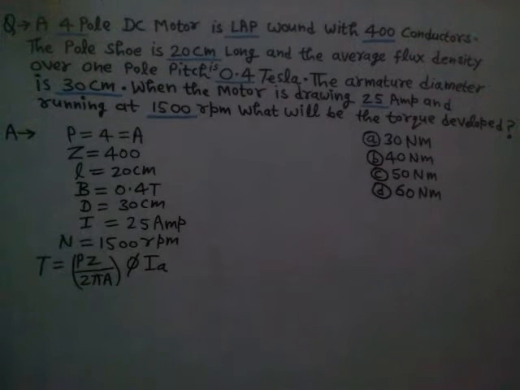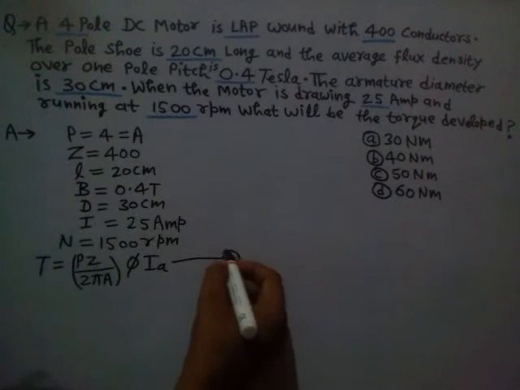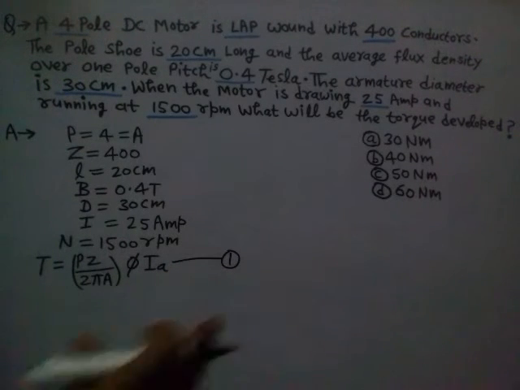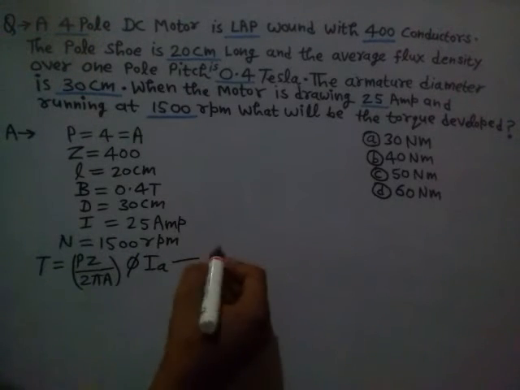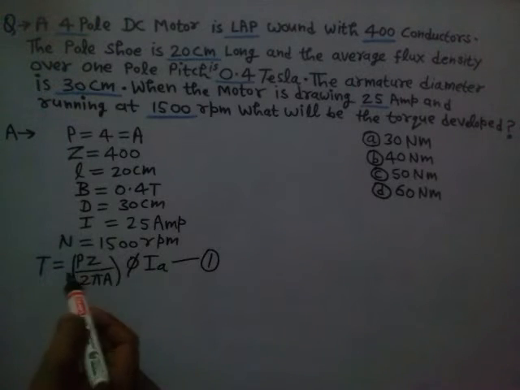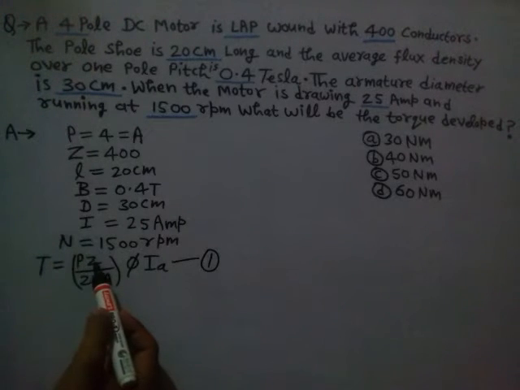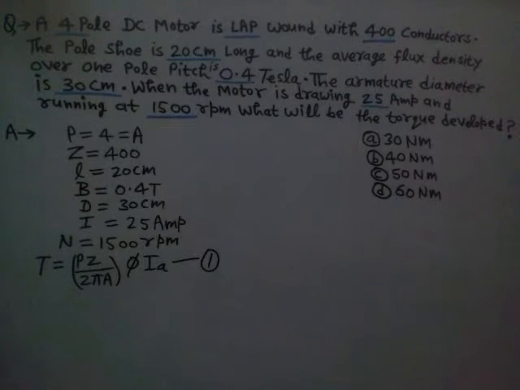Please do watch my earlier videos on the derivation of these formulas on DC machines. Let us call this equation number 1. If we know the number of poles, number of armature conductors, number of parallel paths, flux and armature current, then we can calculate the torque developed. The same we are going to do.